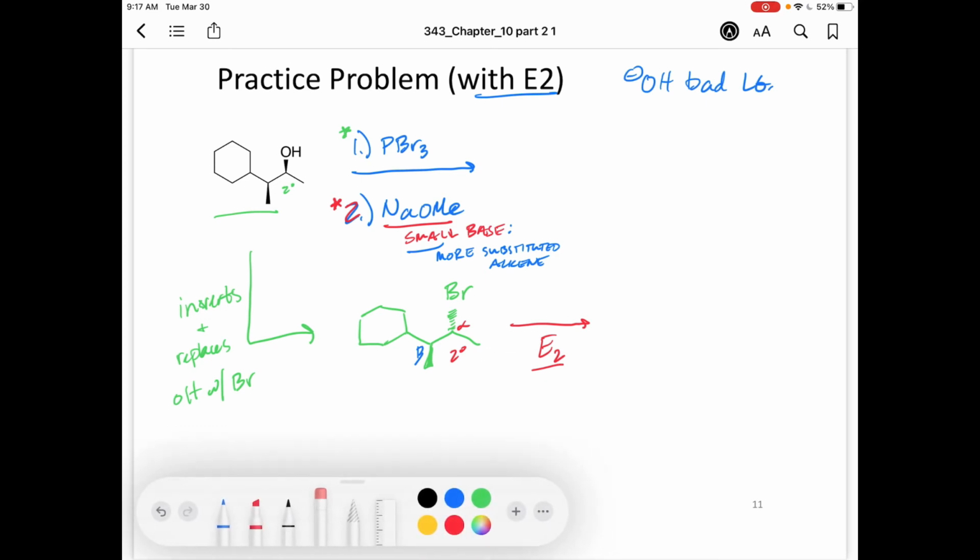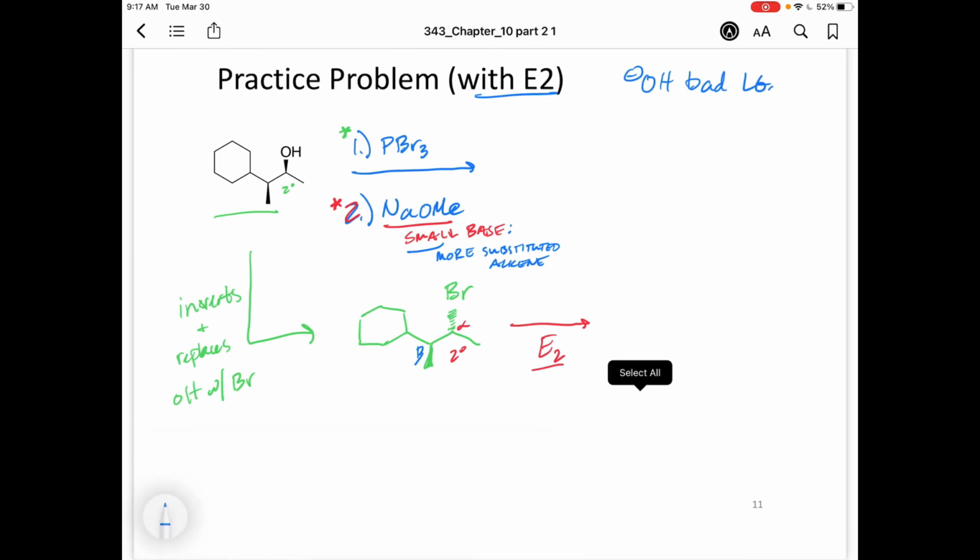Now, the next caveat of E2 reactions that is fun, I don't know if you want to call it that, but remember, if we have our alpha and our beta carbon, if they are chiral, then you need to look at the anti-coplanar rule.